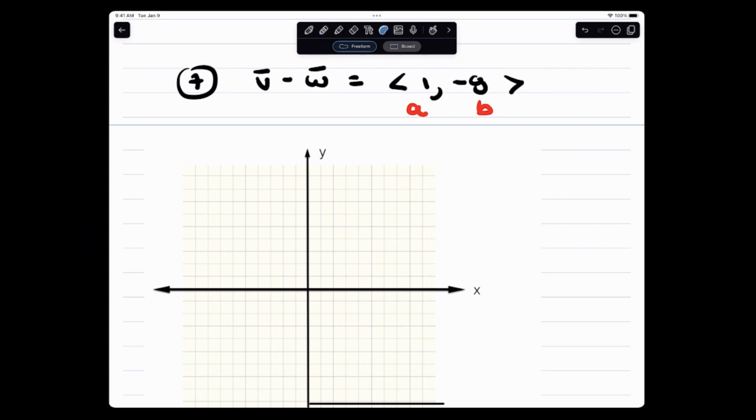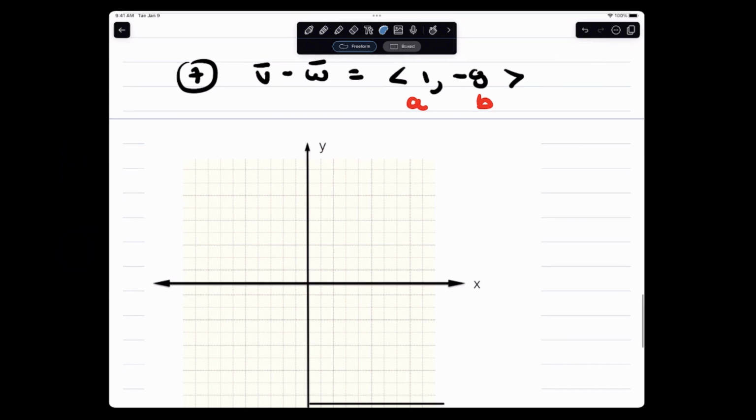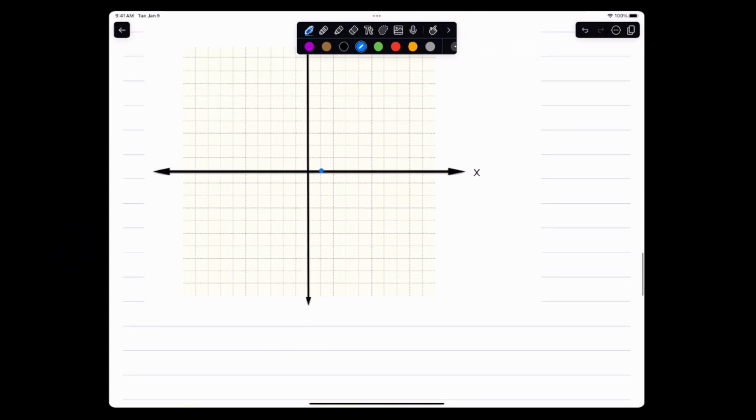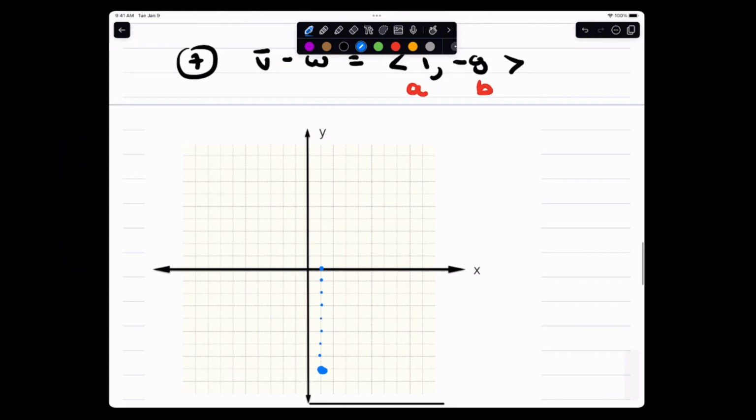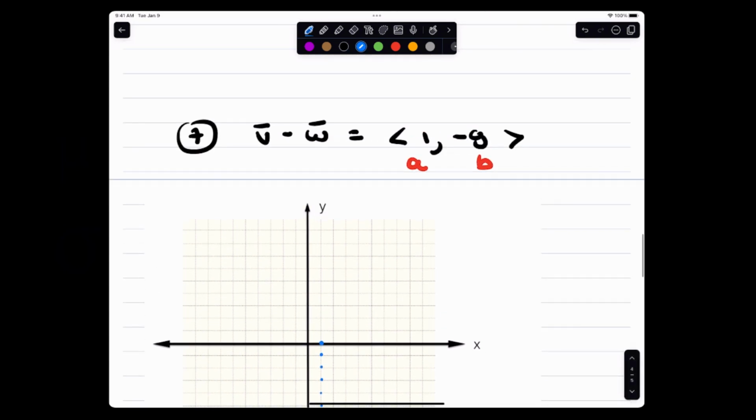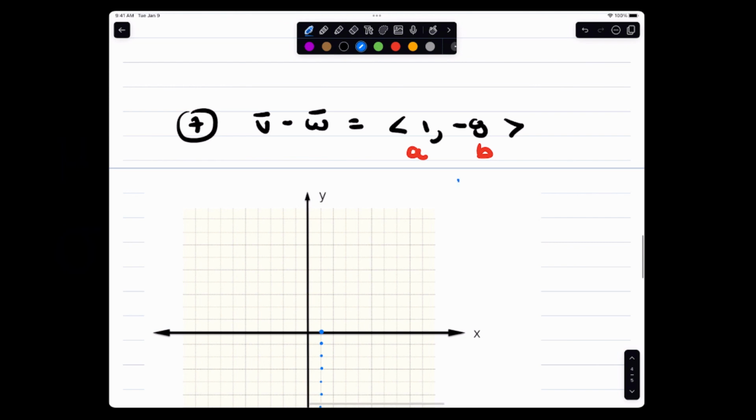So if we had to sketch the graph of that vector, 1, negative 8, where is that going to be? Do you guys know? You got to know where 1 is. That's to the right. And then down 8 units. So you go 1, 2, 3, 4, 5, 6, 7, 8. So start by thinking of this as a point. It's not. It's a vector. So you start by plotting 1, negative 8.